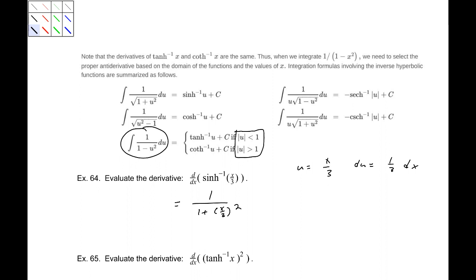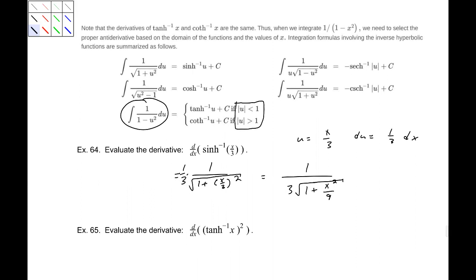Oh, I left off the square root. There we go. Now I also have this factor of 1/3 because of the chain rule, since I'm taking the derivative of that x over 3. So let me write that a little better: 1 over 3 square root of 1 plus x squared over 9. That is my derivative.